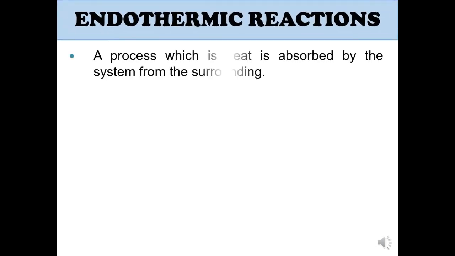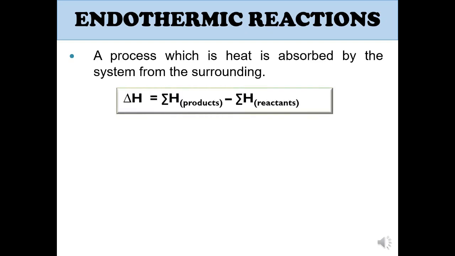Endothermic reactions. If the reaction is endothermic, heat is absorbed from the surroundings. Delta H is equal to the sum of enthalpy of products minus the sum of enthalpy of reactants.